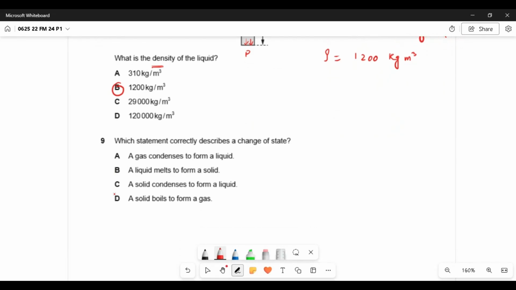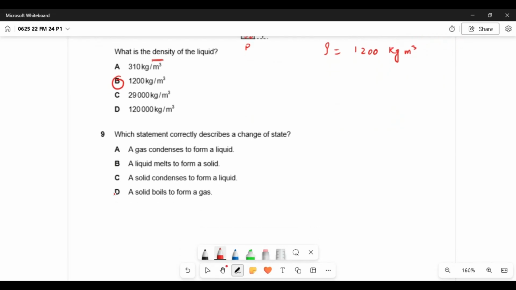Which statement correctly describes a change of state? Change of state is, for example, we have an ice cube that is solid, that takes heat or energy and converts into liquid.